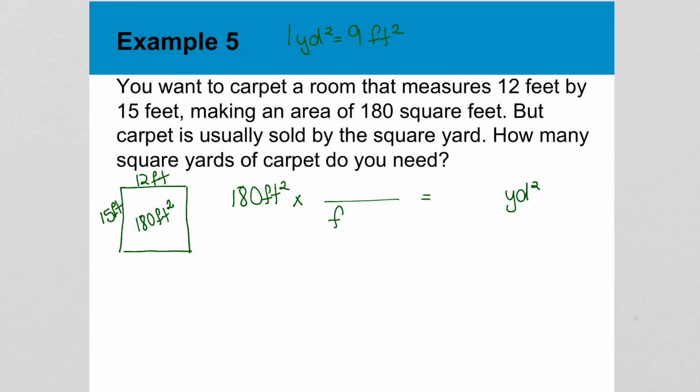So feet need to go on the bottom, 9 feet squared. And yards can go on the top. Our feet squared go away. And we're dividing 180 divided by 9. How do I know I'm dividing? Because on the top is a 1 and on the bottom is a 9. So since there's a 9 on the bottom, that means I'm having to divide. We end up with 20 square yards.